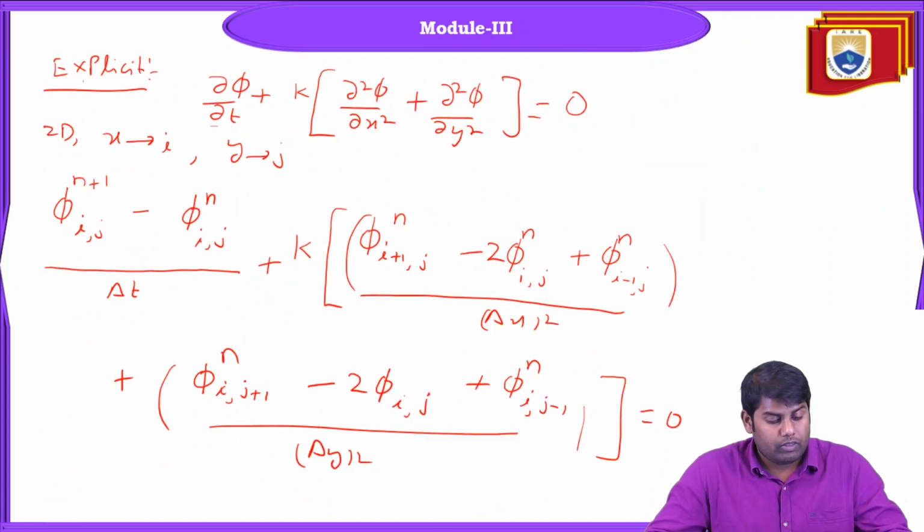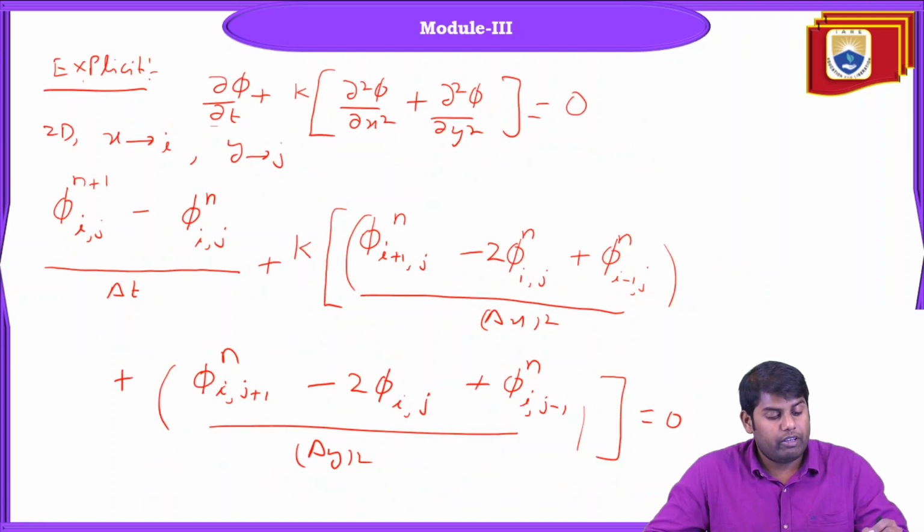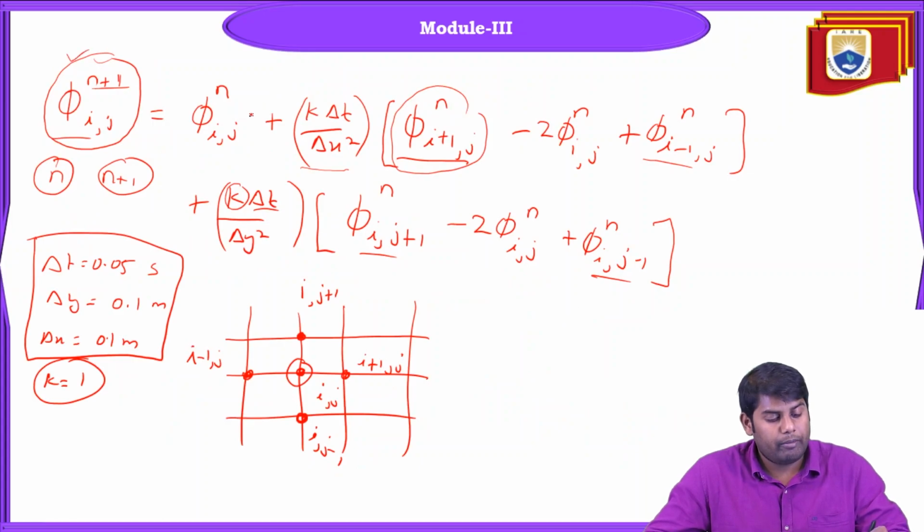When you see equations 1 and 2, for equation 1, when we applied the explicit method, it is straightforward: only one unknown, and all the remaining are known. So we can directly solve one equation at a time. This equation does not depend upon the other grid points. At location i, j, this grid point does not depend on the other grid points.